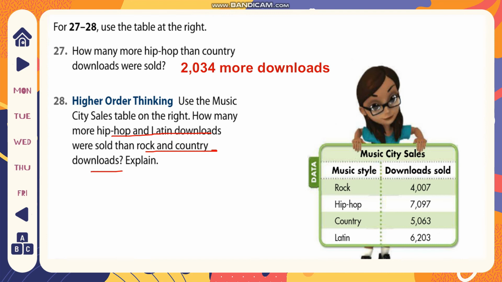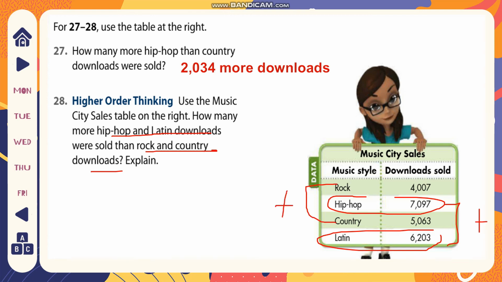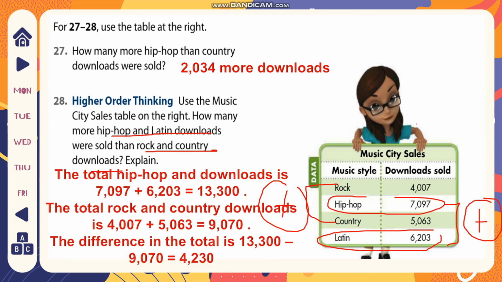So it means we're going to add the two, hip hop and Latin. This is hip hop and Latin. So we're going to add these two. And the other one, we're going to add these two. Then after that, we're going to subtract the answer from these two given numbers. So the total hip hop and Latin downloads is 7,097 plus 6,203.